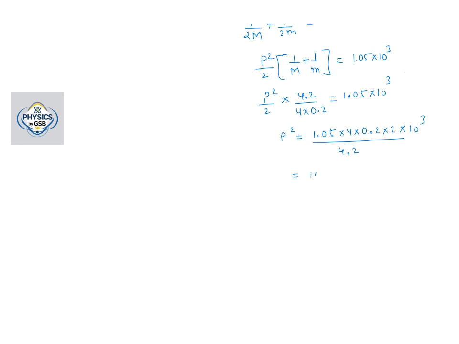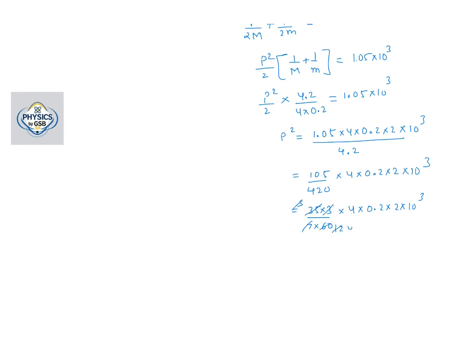So let's try to solve it. I can say this is 105 over 420, into 4 into 0.2 into 2 into 10 to the power 3. So this 105 can be written as 35 into 3 and this 420 can be written as 7 into 60, into 4 into 0.2 into 2 into 10 to the power 3. So this can be 7 into 5 and this can be 12.